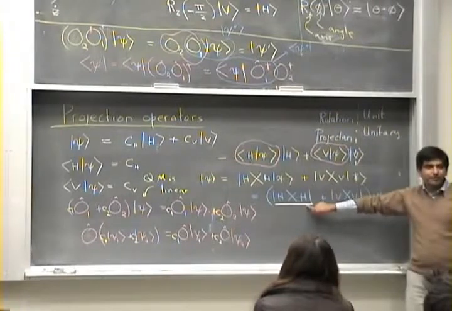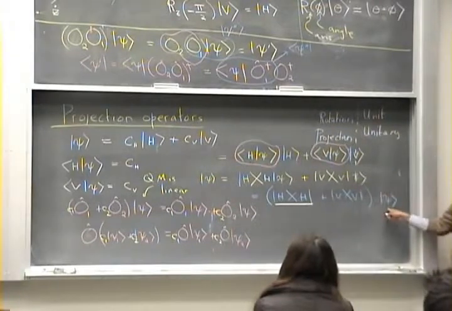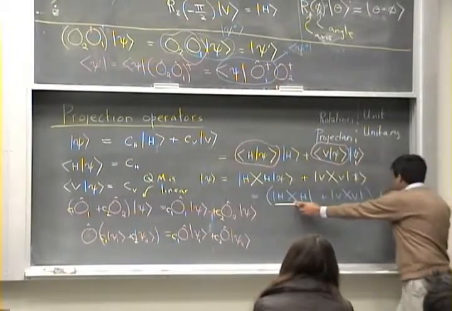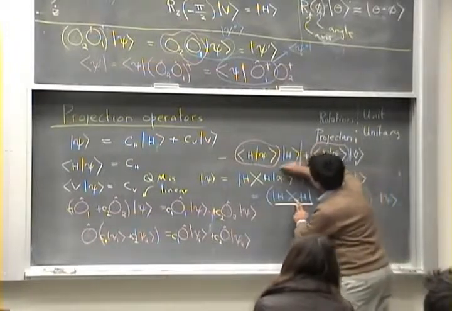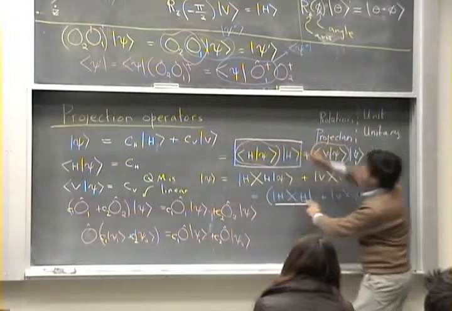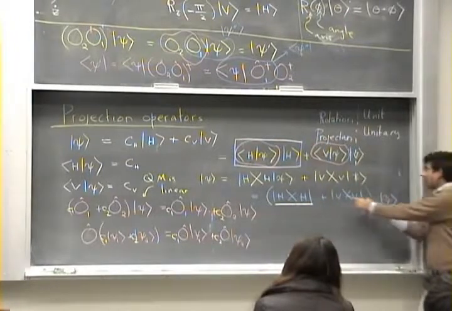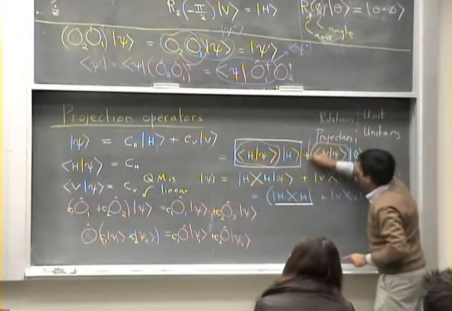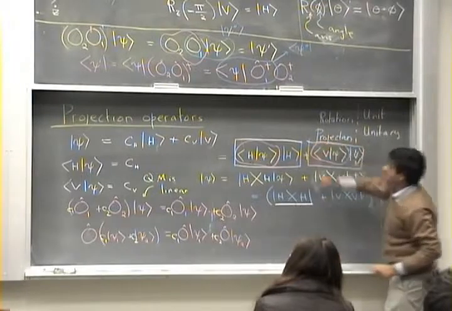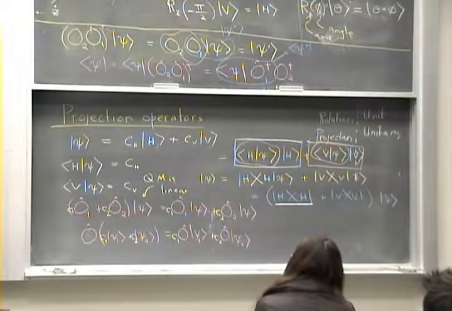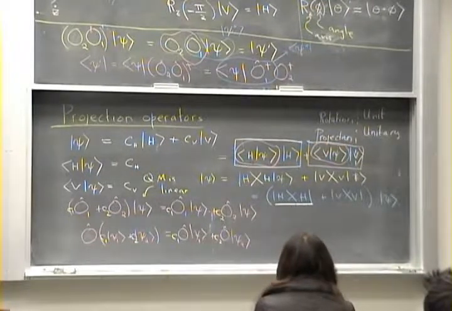This object must be an operator. This operator acts on this state. Okay? This operator acts on this state to give me this. And this operator acts on this state to give me this. Okay?